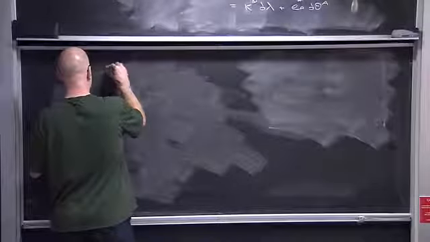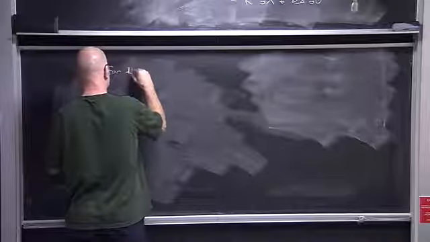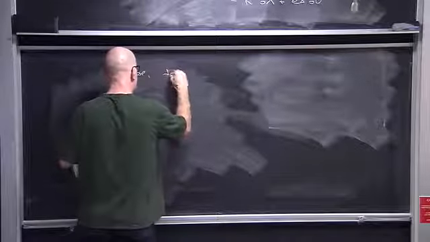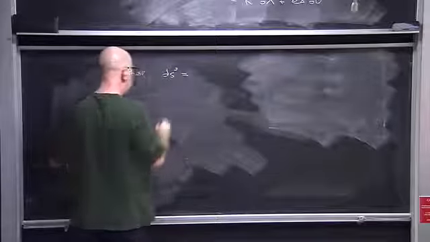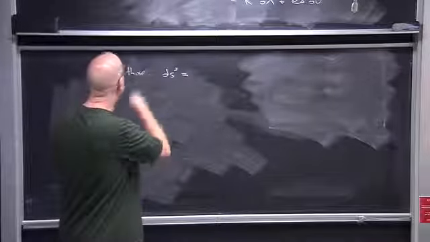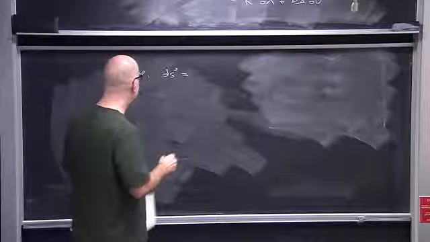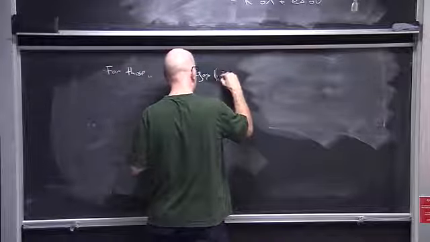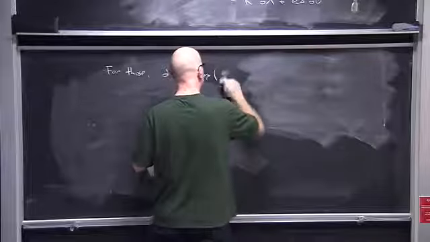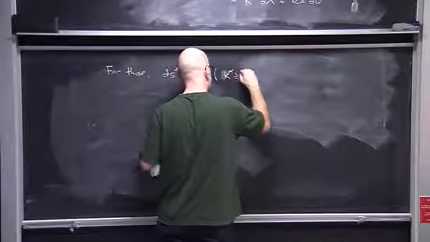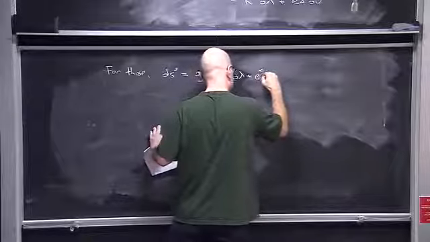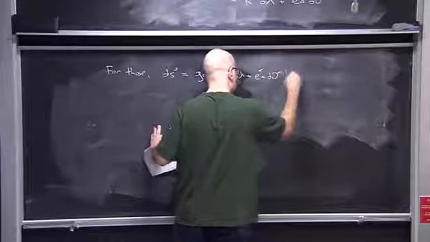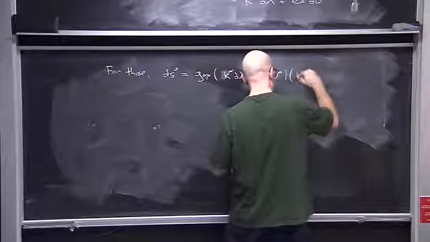So for those displacements, the ds squared restricted to displacements on the hypersurface is going to be equal to these guys multiplied by themselves.